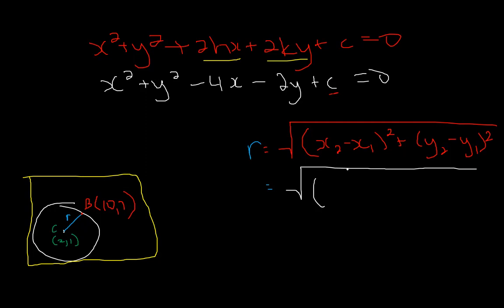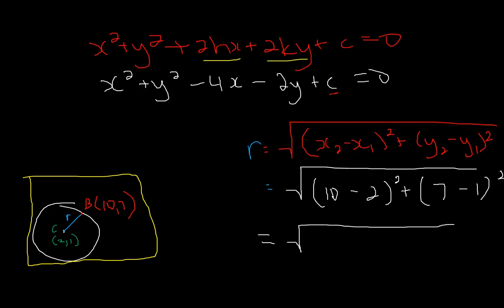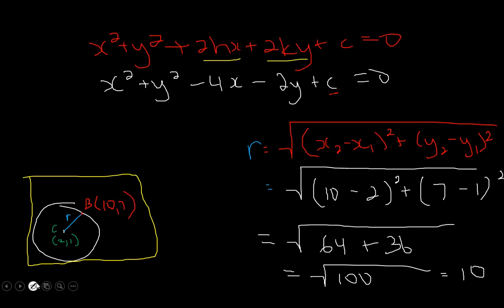So x2 is 10, that's 10 minus x1 which is 2, squared, plus in brackets y2 which is 7 minus y1 which is 1, squared. 10 minus 2 is 8, so 8 squared is 64, plus 7 minus 1 is 6, and 6 squared is 36. 64 plus 36, that's the square root of 100. And we know that the square root of 100 is 10. So the radius is 10 units.